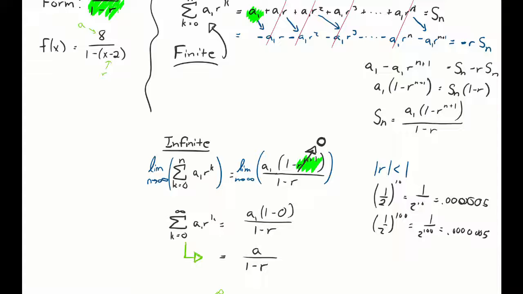So I'll bring this over to some open space, but I'm going to look at this function again. That original function f of x equal to 8 divided by 1 minus x minus 2, I am claiming, because I recognize this is of the form a divided by 1 minus r, can be written as a geometric series.